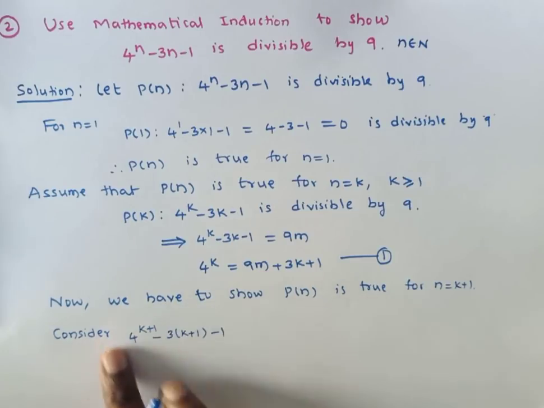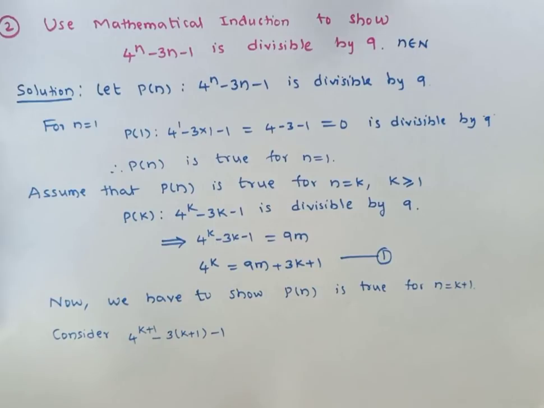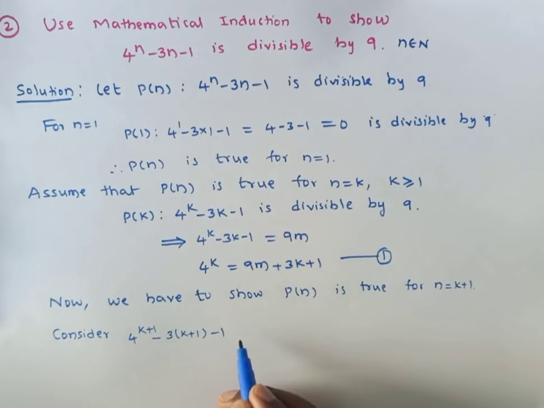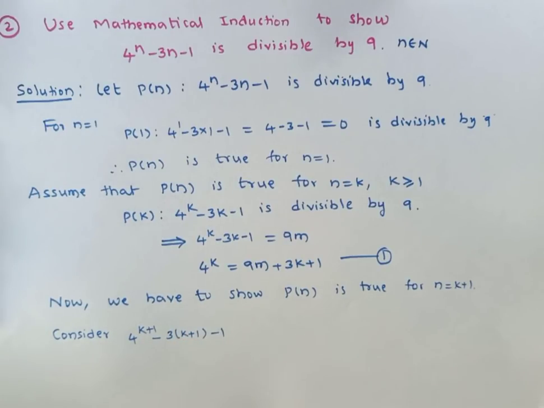We need to show this is divisible by 9, so you need to express this as 9 into something. It is enough to show this quantity equals 9 times some number.